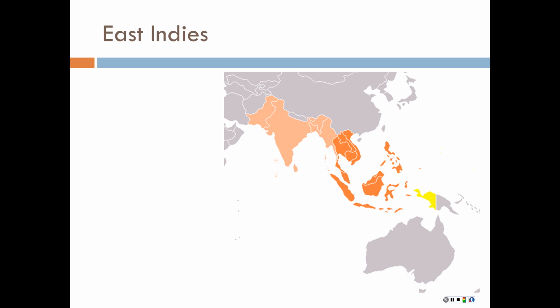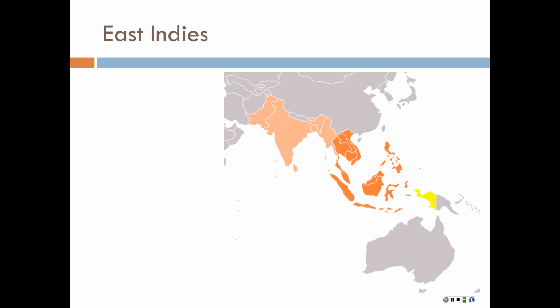These Indies were India and the nations highlighted here on this map. So India, which of course at that time contained Pakistan as well, and Bangladesh, Thailand, Malaysia, Indonesia, all these places.